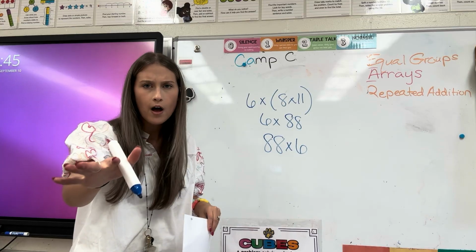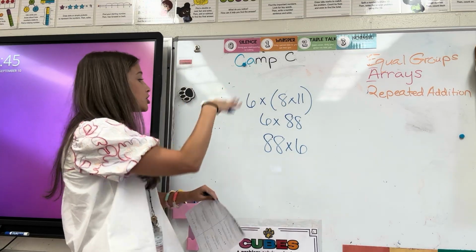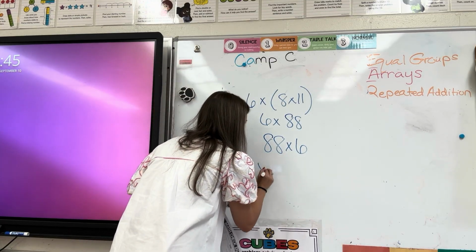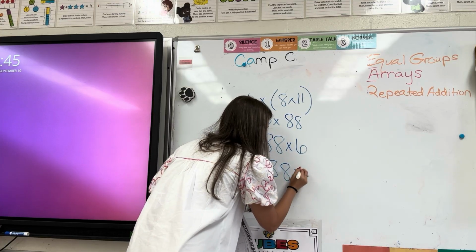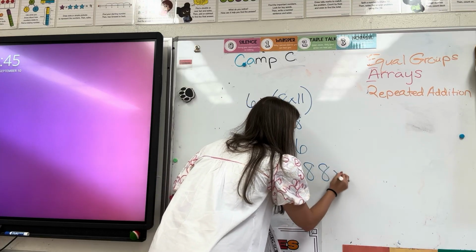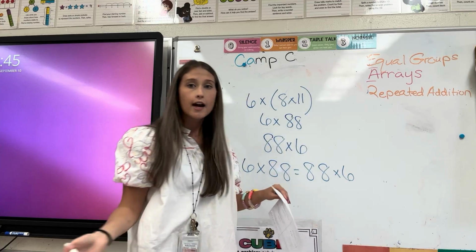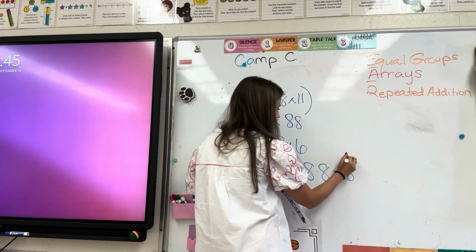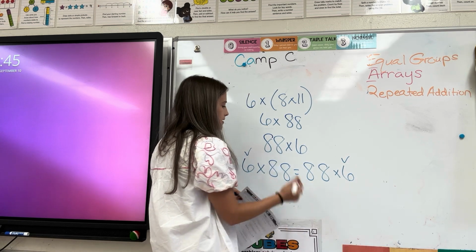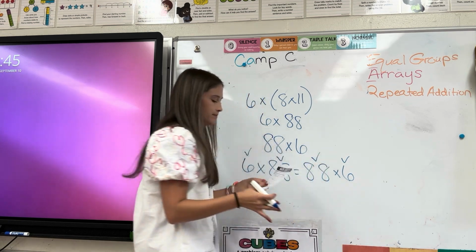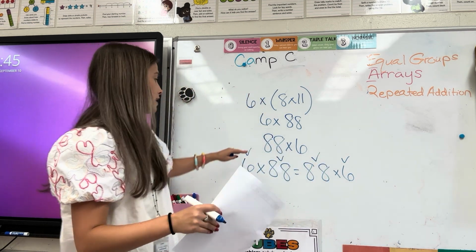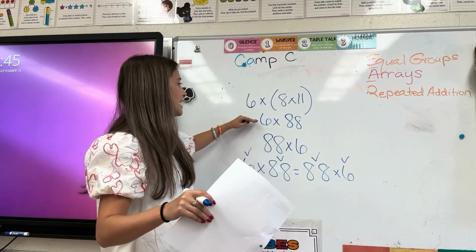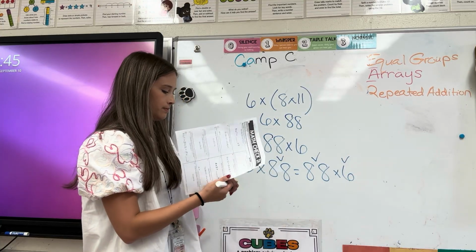So is that true or false? Did I do that correctly? Let's check. 6 times 88 is equal to 88 times 6. Are both sides equal? Do I have a 6 on both sides? Yes. Do I have an 88 on both sides? Yes. Okay. So this expression is equal to this one.